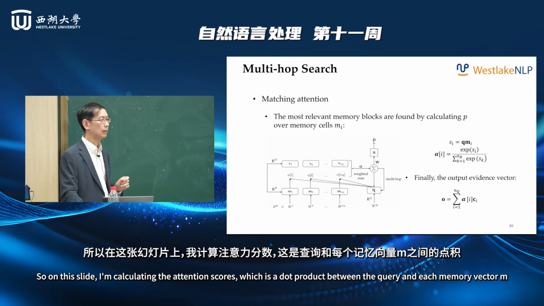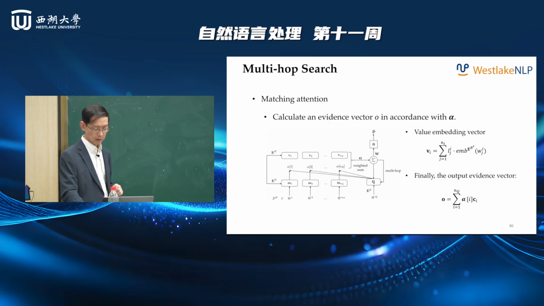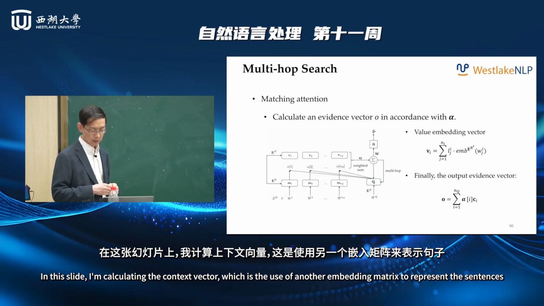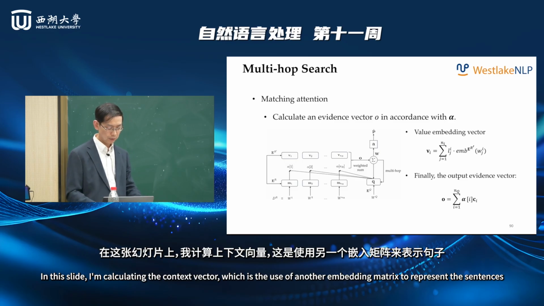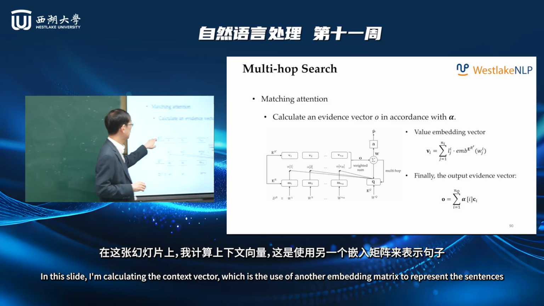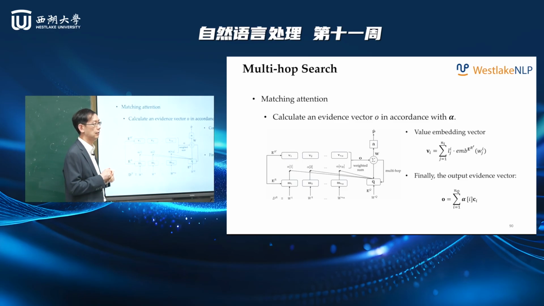On this slide, I'm calculating the attention scores, which is a dot product between the query and each memory vector M. In this slide, I'm calculating the context vector, which is the use of another embedding matrix to represent the sentences.